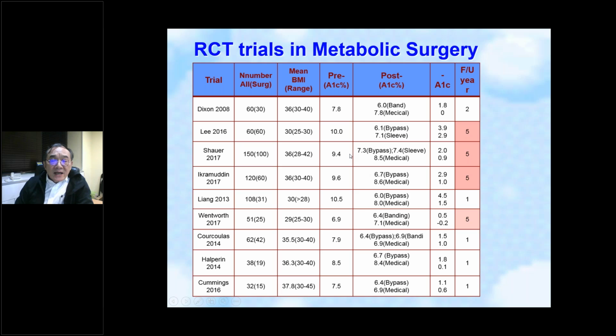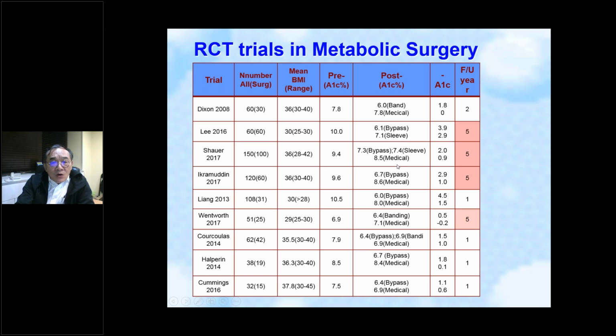And all these guidelines came from randomized trials. We now have probably more than 10 randomized trials looking at metabolic surgery. Some randomized trials already have 5-year results. They all show better glycemic control in surgery versus medical treatment.